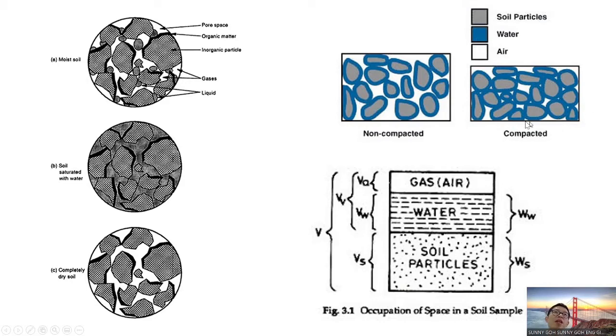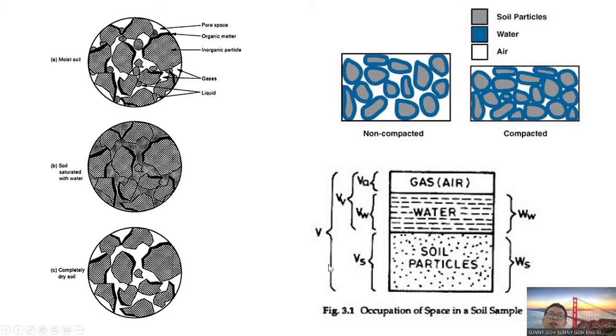But if you look at the compacted soil, you have soil particles attached with water. At the same time, they are more well arranged or more closely arranged with each other. So the two figures are the same. The only difference is that one is non-compacted while the other one is compacted. The one that is compacted will have less space for air. The one that is non-compacted has more space for air.